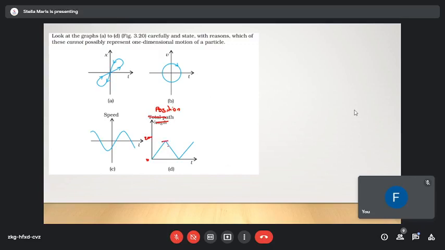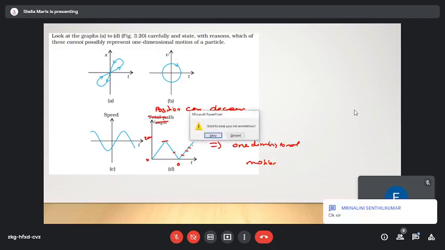It is 19, 18, to 0. And again it increases. Is that possible in one-dimensional motion or not? Yes, sir. So position can decrease, right? So this is one-dimensional motion.